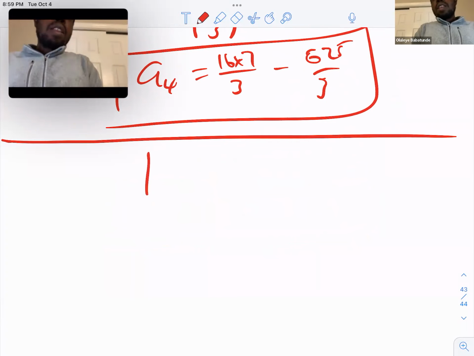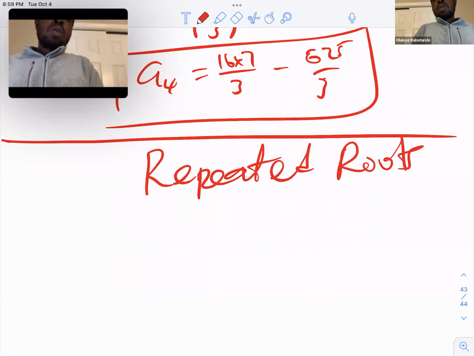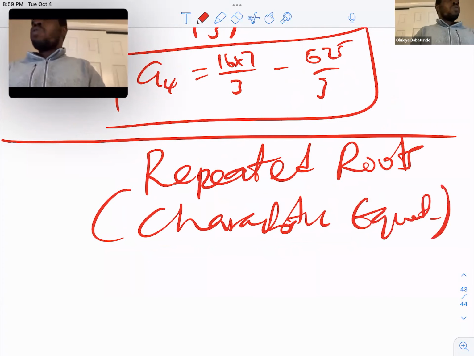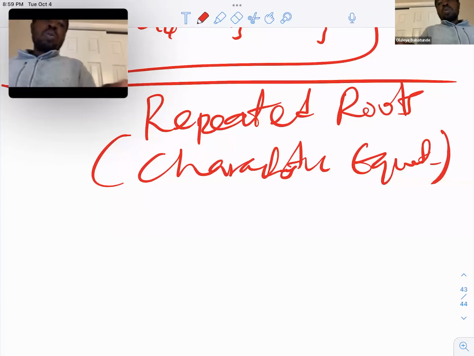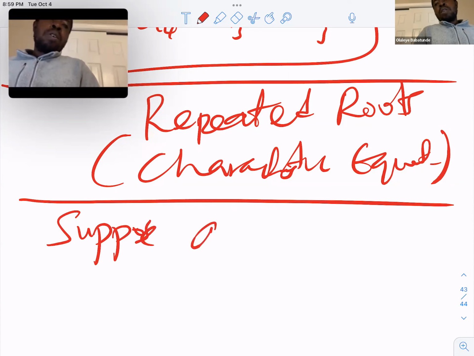Let's see the case of repeated roots in the characteristic equation. Repeated roots. So suppose the recurrence relation a_n equals alpha a_(n-1) plus beta a_(n-2).